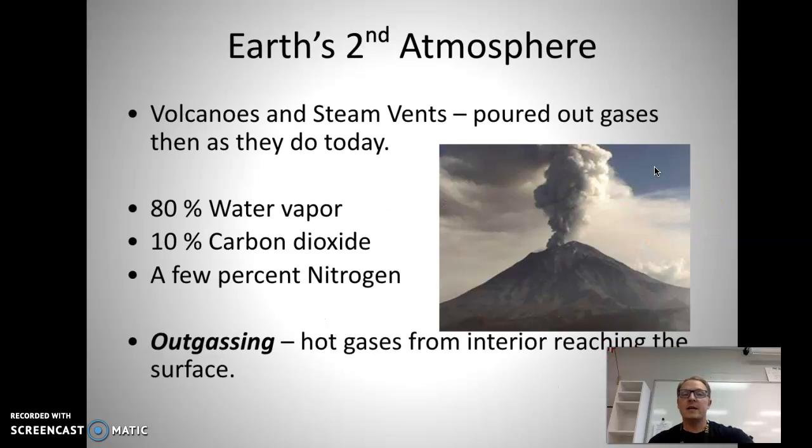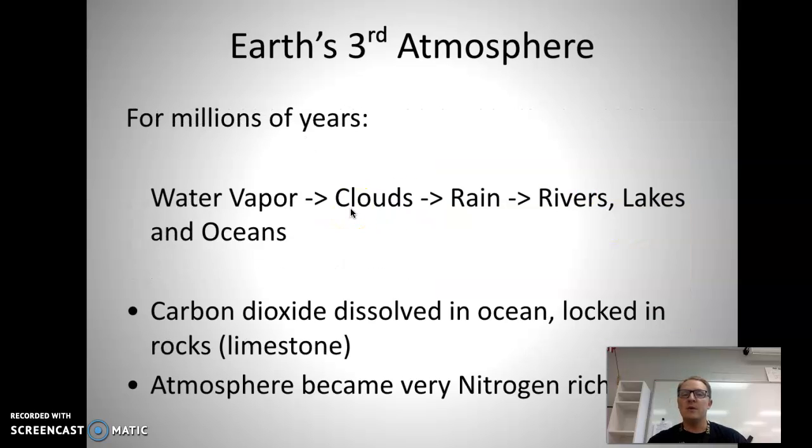Okay? Remember we said 80% water vapor in our atmosphere. Well, what happens when you have 80% of your atmosphere being water vapor? That water vapor eventually cools down and it forms clouds. Those clouds introduce the possibility for precipitation, right, in the form of rain. And when that rain falls, it causes rivers, lakes, and oceans to form on the surface of the Earth.